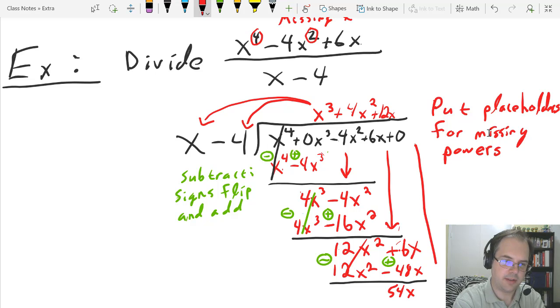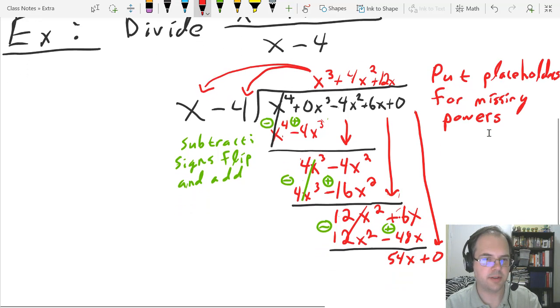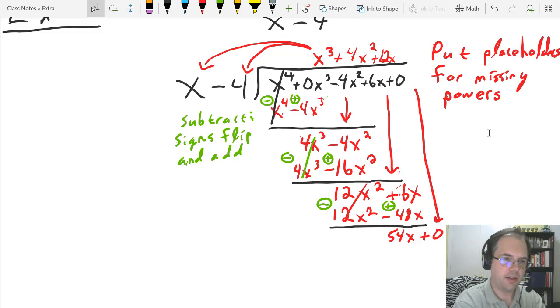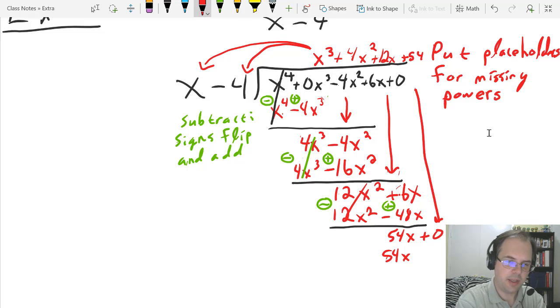Then we have to do the last thing, which is bring down the 0 and see if we can continue the division process. We can if we use plus 54. So 54 times x is 54x. 54 times negative 4 is negative 216.